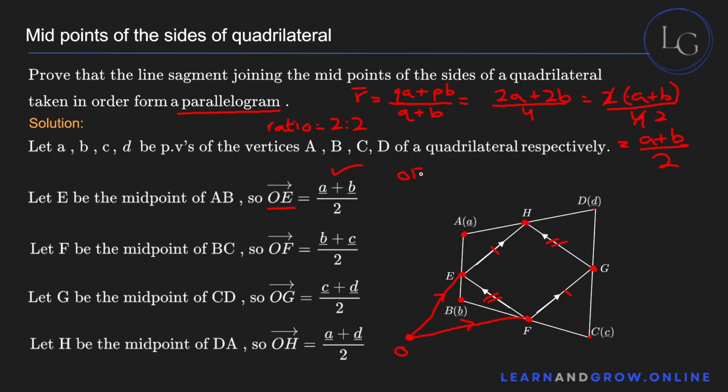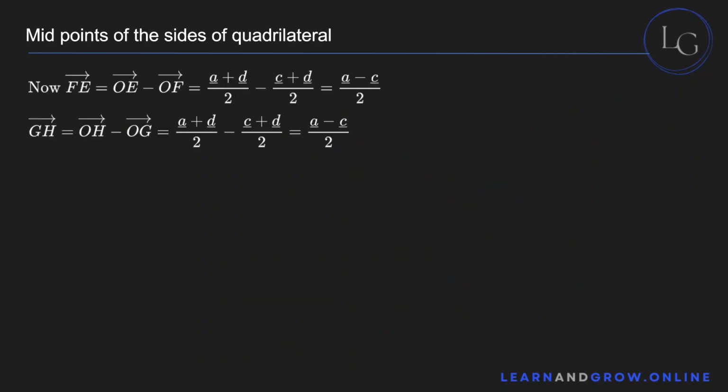So OF plus FE is equal to OE, which means that FE is equal to OE minus OF. And that's how you prove that, right? And similarly, you can use the same head to tail method for all of the other sides.